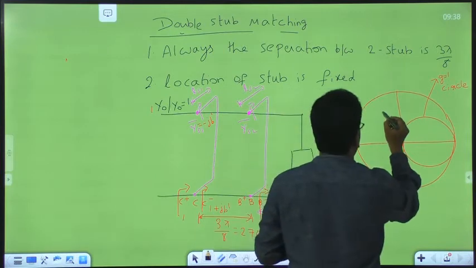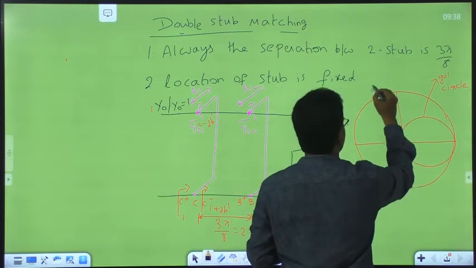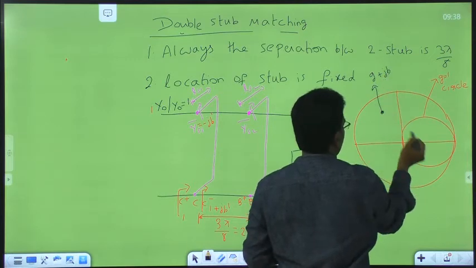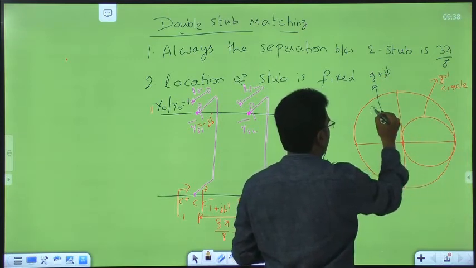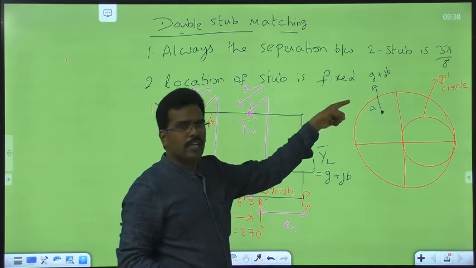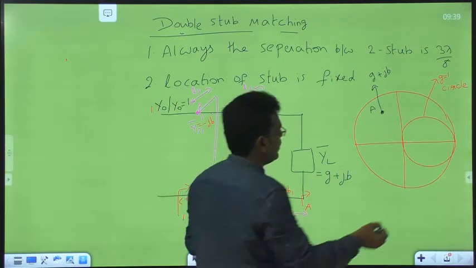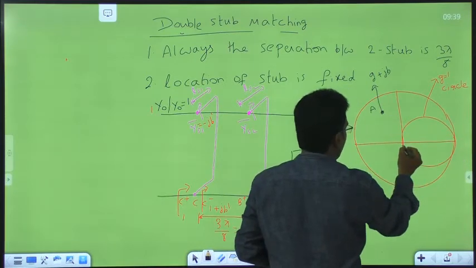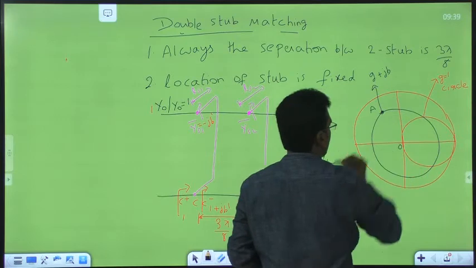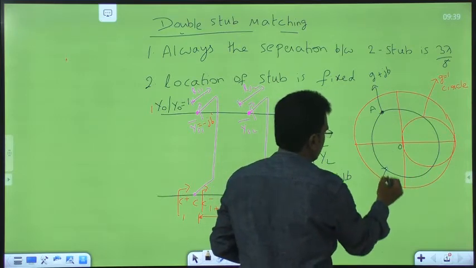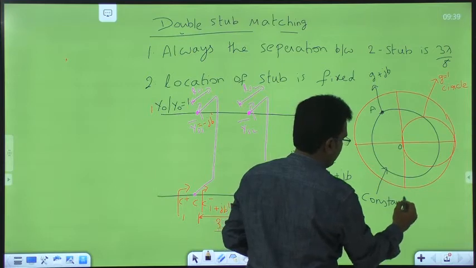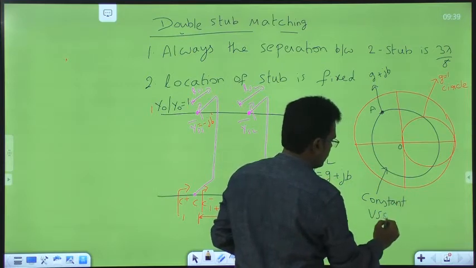The first step is to plot the normalized load admittance on the Smith chart and name it as point A. Okay, with OA as radius, draw a constant VSWR circle. So this is the constant VSWR circle.